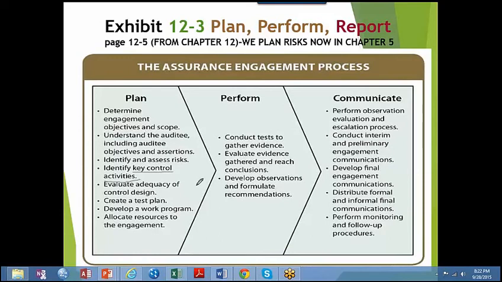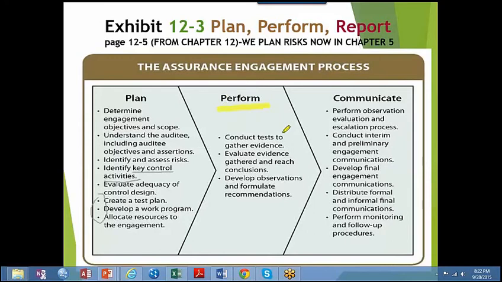Okay? Evaluate the adequacy of the control design, create a test plan, develop the work program, allocate resources to the engagement. These last items really are the functional area related to audit management and very critical to what we're trying to do.